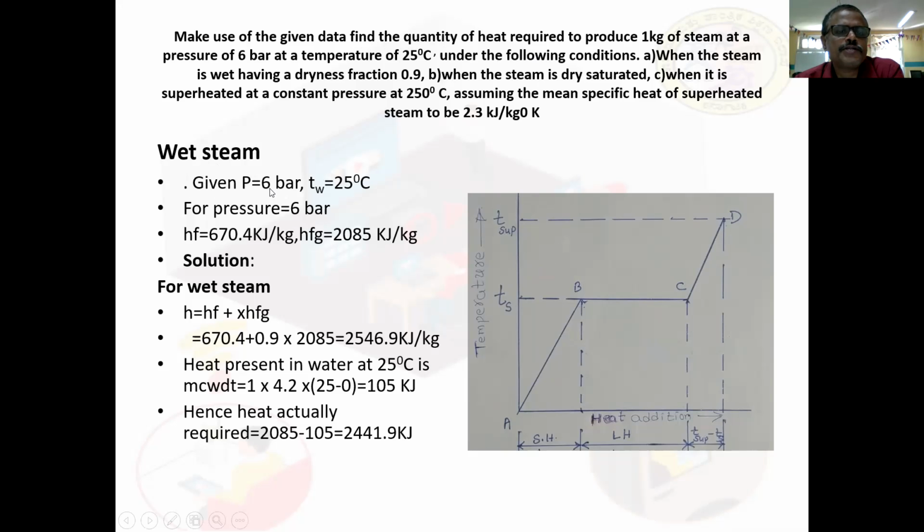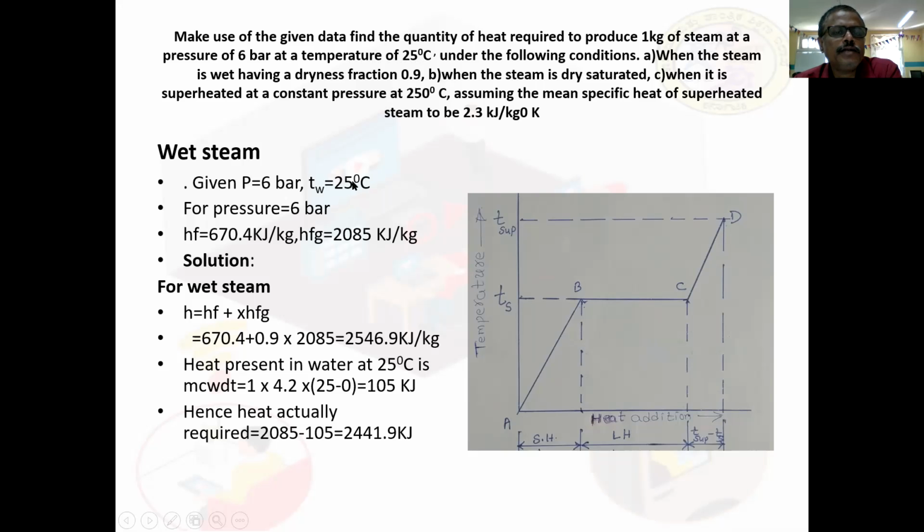The data is: pressure of steam formation is 6 bar, P is equal to 6 bar. And what is the water temperature? TW I have written as 25 degrees centigrade. Water is already at 25 degrees centigrade, as you can see it is given in the problem.